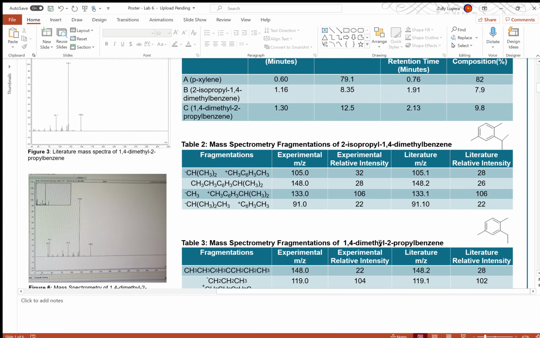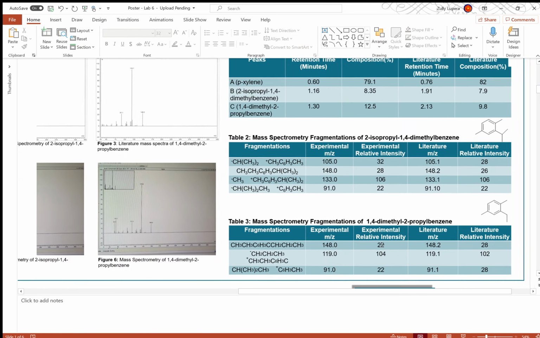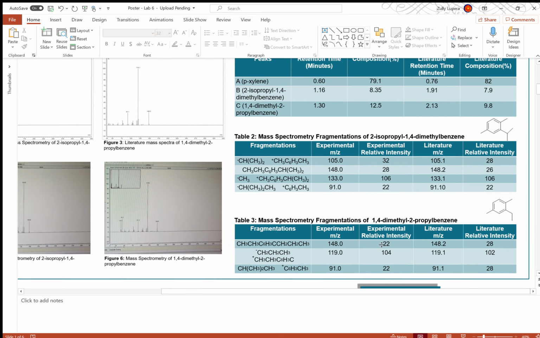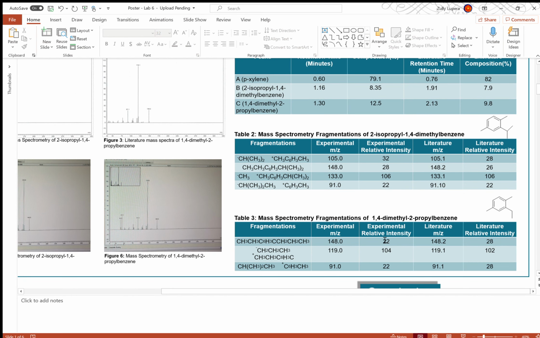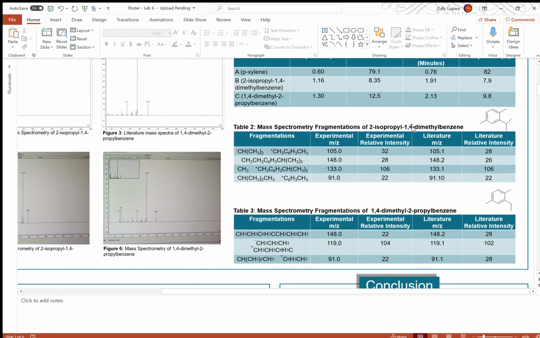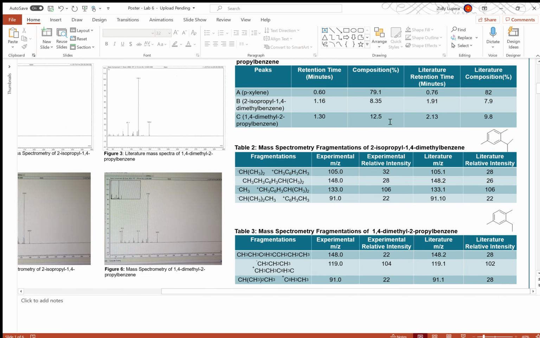And then from this, we could conclude that there are two major products, peak B and peak C, but peak C was the major product because from the gas chromatography, we had a higher percent composition.